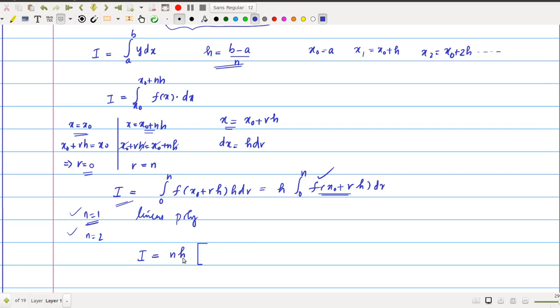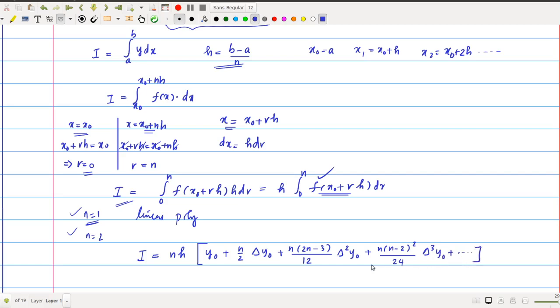So please note this: I is equal to nh times y naught plus n by 2 times delta y naught. So this is a general formula. Then n times 2n minus 3 divided by 12 delta square y naught plus n times n minus 2 whole square by 24 delta cube y naught plus etc.